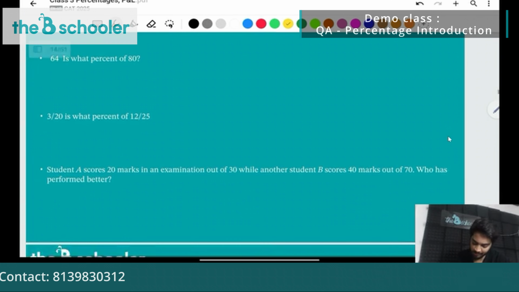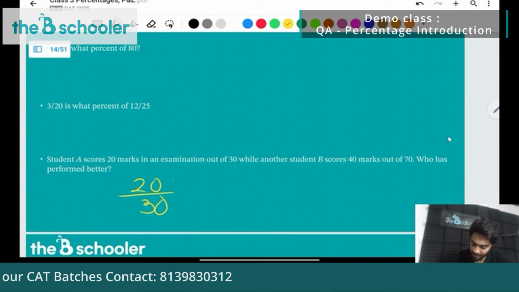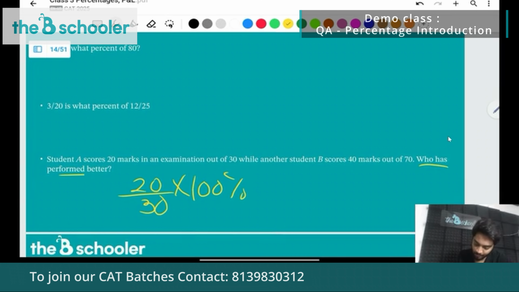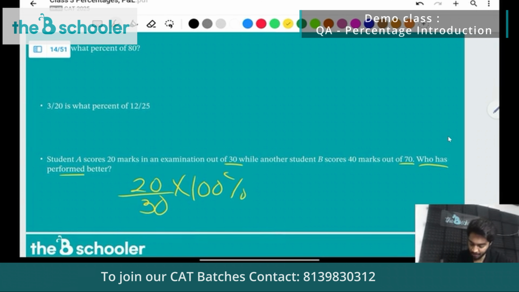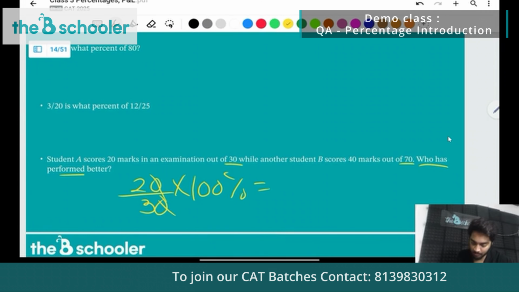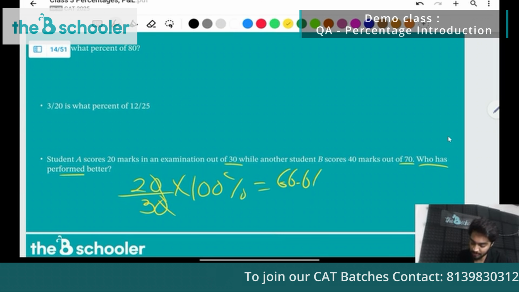Okay, now question 3 again. Question 3 is again fairly simple. It is 20 by 30. Student A's performance is 20 by 30 into 100 percentage. Compare who performed better. If you see, the base is different, so you have to convert into percentage to find out. So 2 by 3 is 0.66, into 100 is going to be 66.66 percentage.